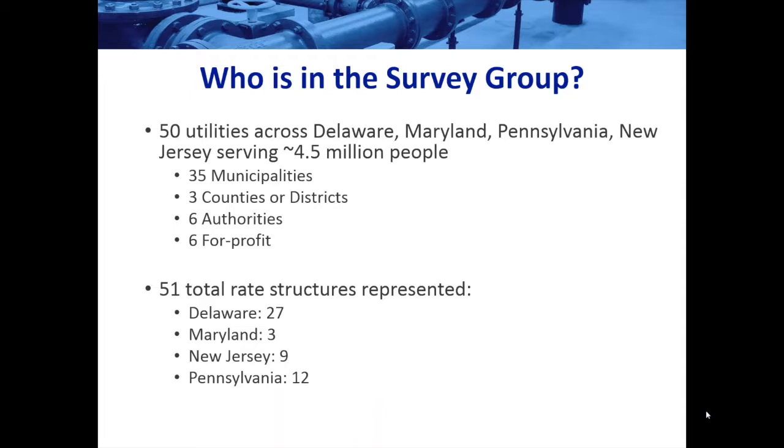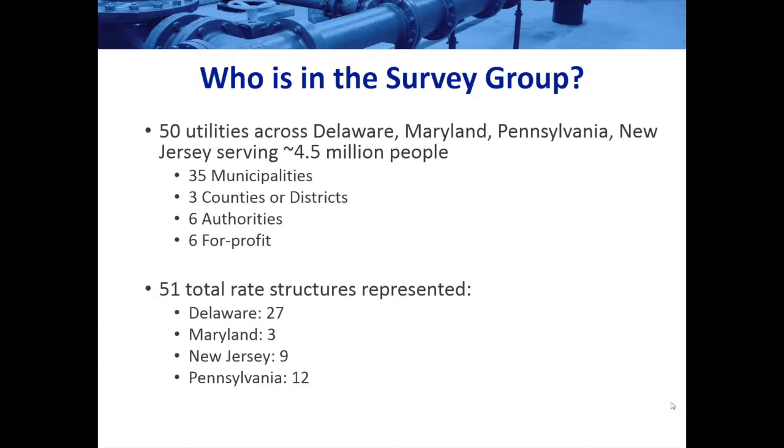So, who is in this survey group? Since this is serving more than one state, we do have a mix of utilities from across those 4 states. So in total, it's 50 utilities serving about 4.5 million people in the area. Most of those are municipalities, though there are some counties and districts, authorities, and for-profit systems.